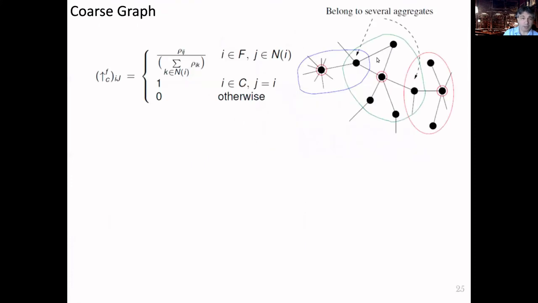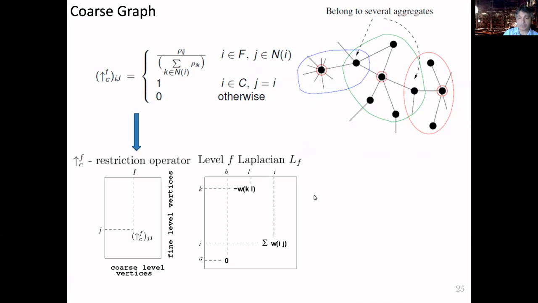And then with that in mind, we define the interpolation weights of all fine nodes that are not the seeds. All right, and with that, we form the quadratic form for the coarsening.